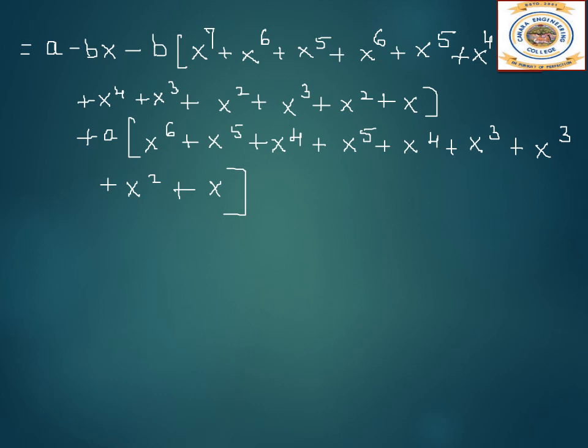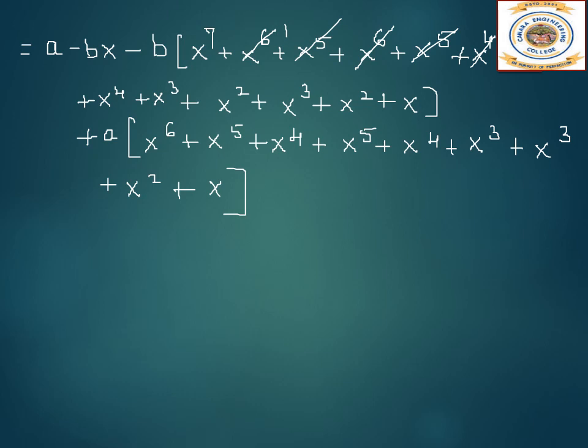So here x to the power 6 and x to the power 6, x to the power 5 and x to the power 5. Common terms, the reason I am cancelling them, is that x to the power 6 plus x to the power 6 is 2x to the power 6, 2 mod 2, so I get 0. x to the power 5 and x to the power 5, I get 2 mod 2, which is 0.